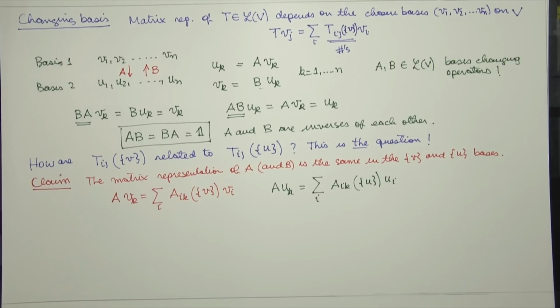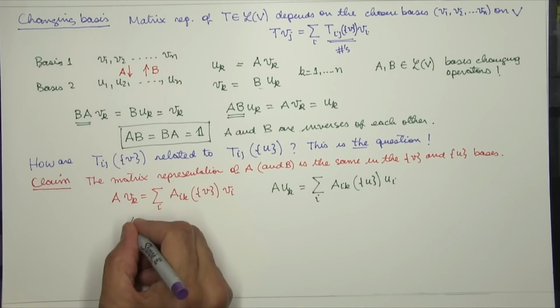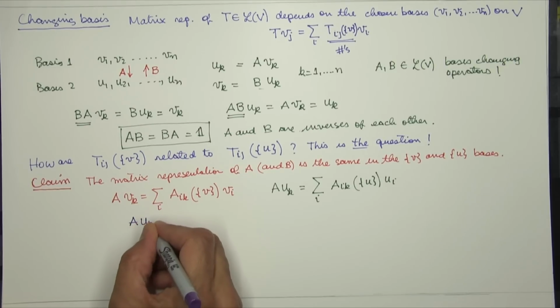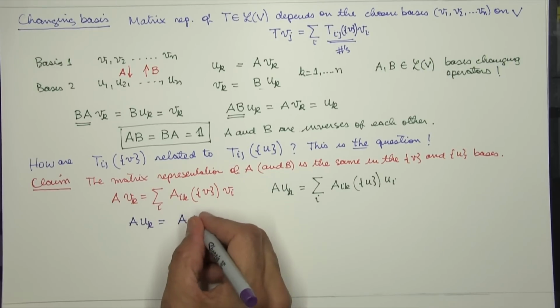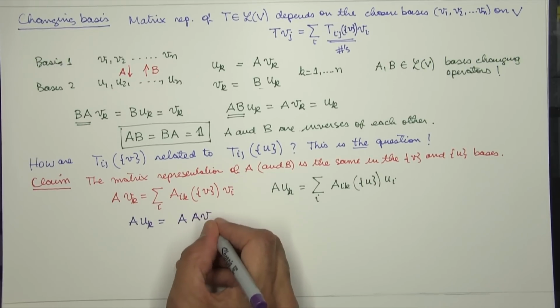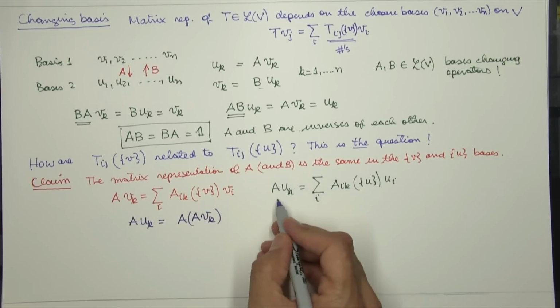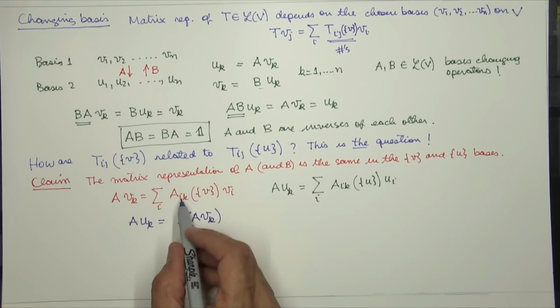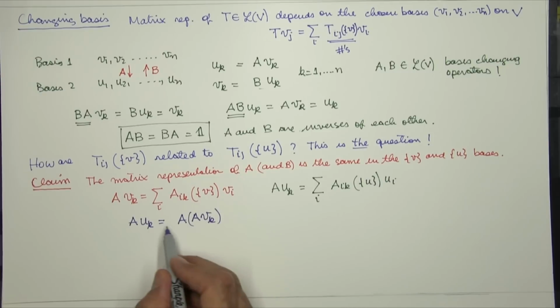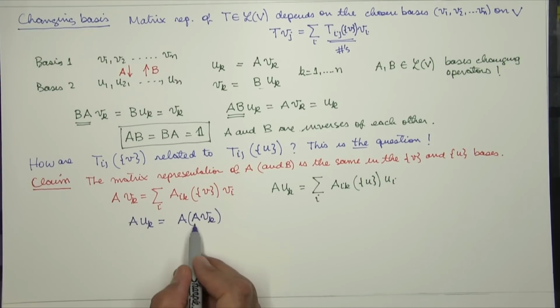And a strategy to do that is to rethink of this equation again in a slightly different way. So think of A U_k. And what is U_k? Write it as A V_k, because we want to get something of this form, but expressed in terms of the V basis. So U_k is A V_k.